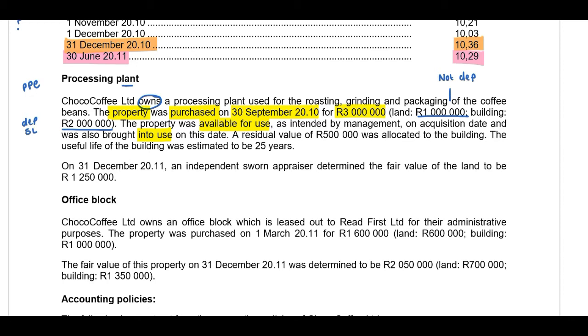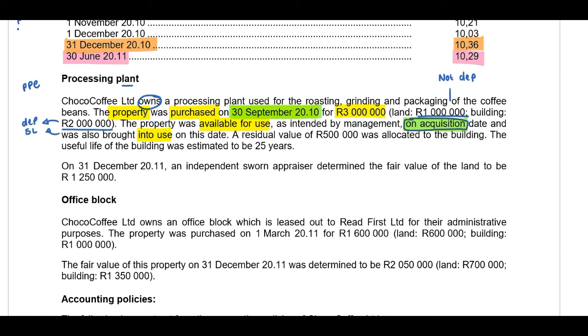Remember, you do have the production method as well, but most probably straight line method. Then the property was available for use as intended by management on acquisition date. When is acquisition date? Acquisition date will be 30 September 2010. Therefore, we know we will have to start with our depreciation on 30 September 2010.